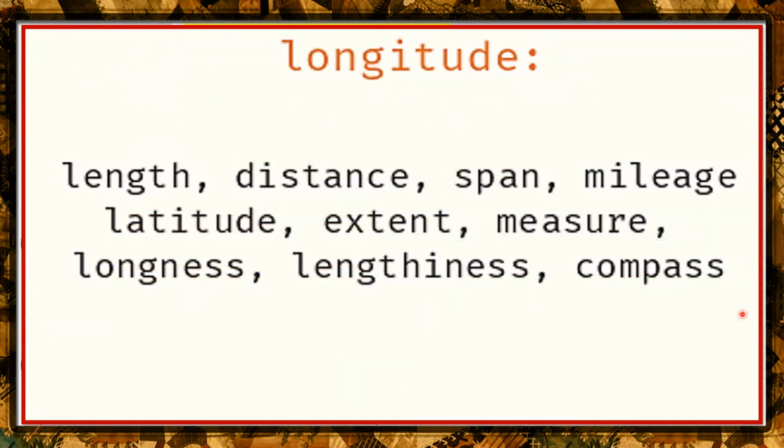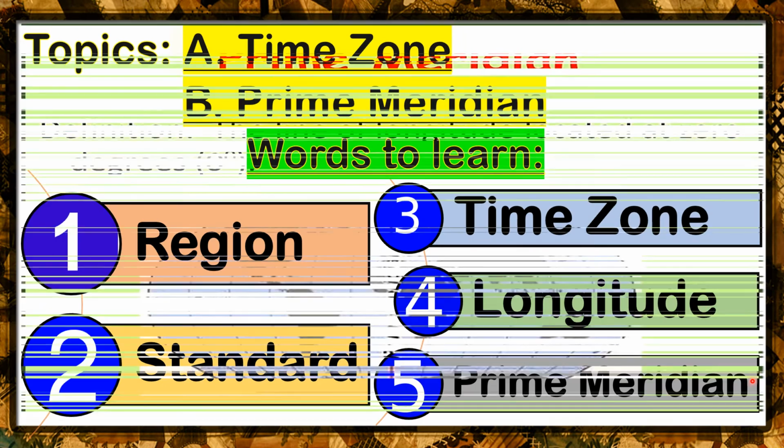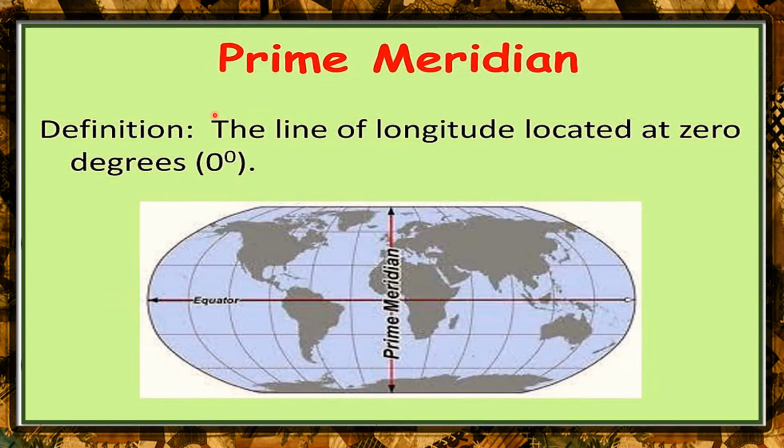Next, longitude. It means length, distance, span, mileage, latitude, extent, measure, longness, lengthiness, and compass. The last word that we have is prime meridian. Prime meridian means the line of longitude located at 0 degrees.